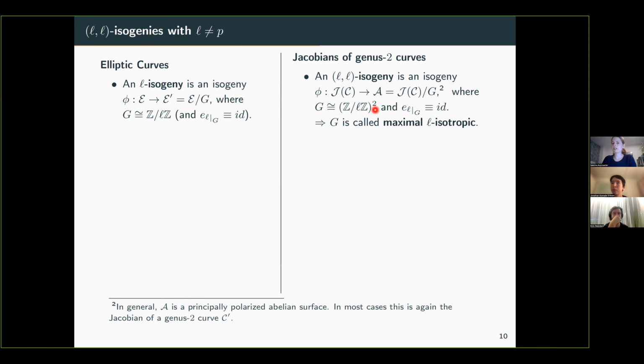So we have a product of 2 cyclic groups of order L as a kernel. And moreover, we need an additional property, and that's that the Weil pairing restricts trivially onto this group. So we somehow have to find 2 generators for our group that have trivial Weil pairing.